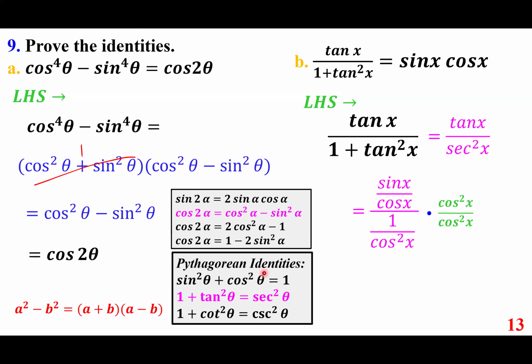When you multiply these two, they cancel each other. They give us 1. So the product of these two is just 1. And the top is sine x times cosine x. And you're done. So it's pretty straightforward, everybody.